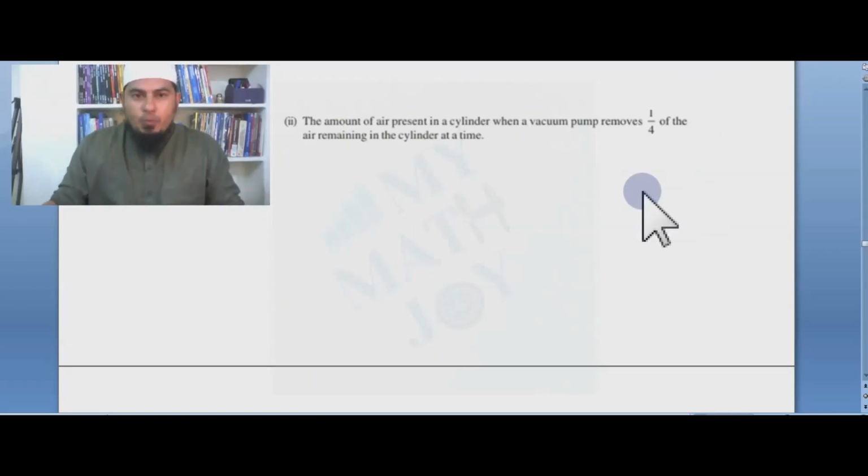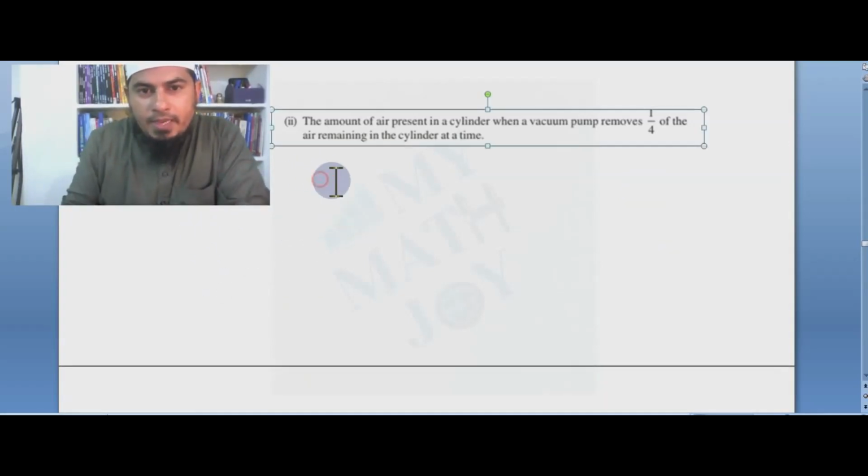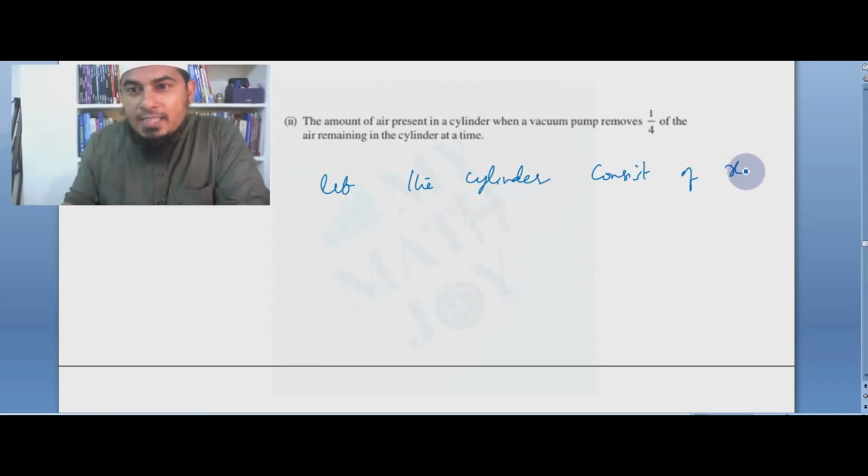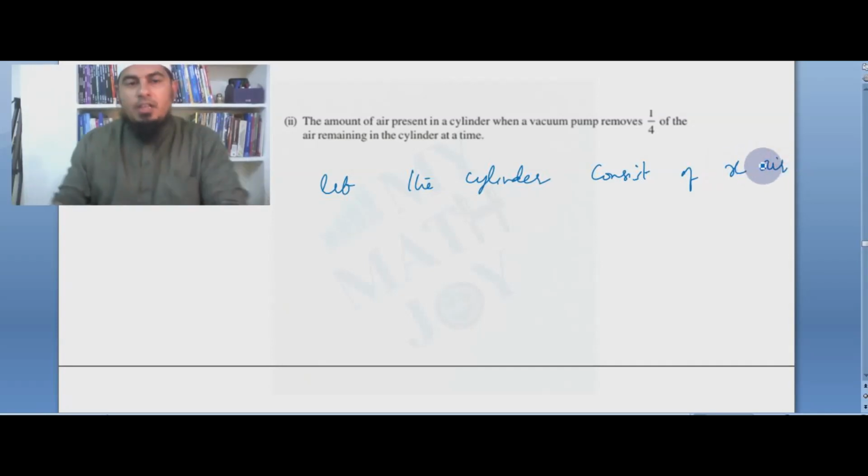Here comes a typical question. The amount of air present in a cylinder when a vacuum pump removes 1/4 of the air remaining in the cylinder at a time. According to the question, let us make a situation. Let the cylinder consist of x amount of air.